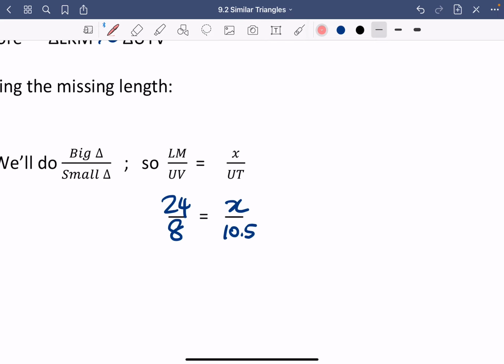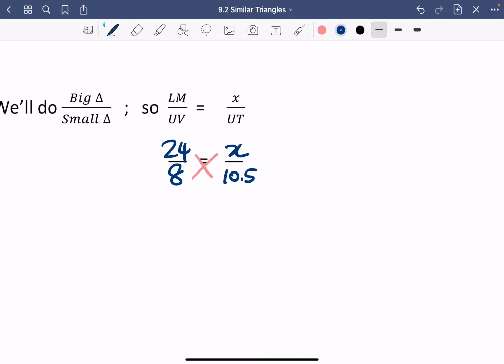So if we cross multiply, then we get 8 times x, 8x, equal to 24 times 10.5. And so we have 8x equal to 252.